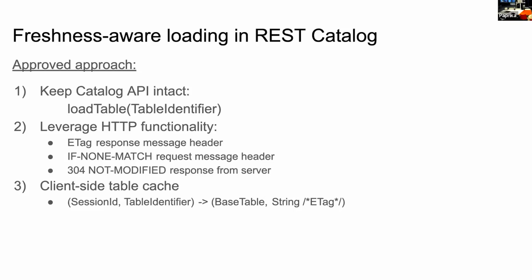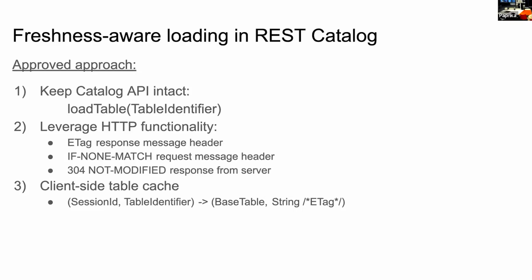The other building block is the If-None-Match header. That is something that is sent by the client to the server. And this is how the client tells the server that this is the state that I know of the resource, the table in this case. And the third building block is the 304 Not Modified status code that is expected from the server, telling the client that whatever you showed me, the last state of this resource, it's up to date.